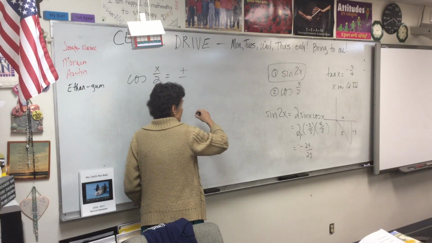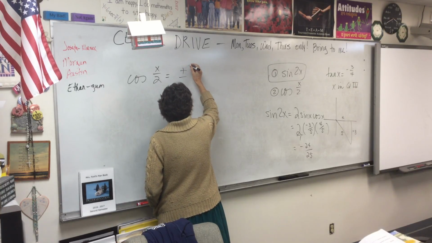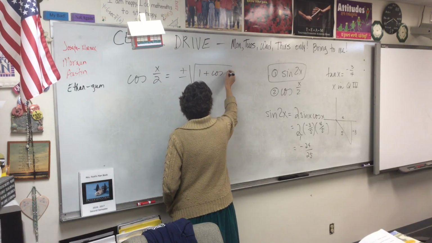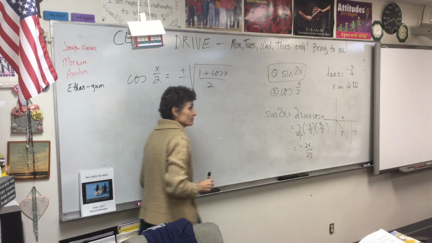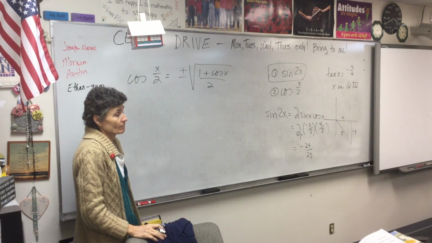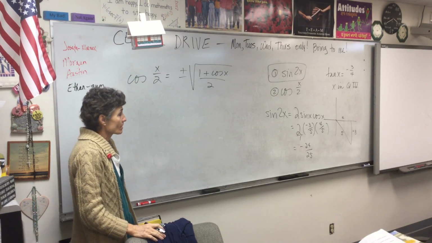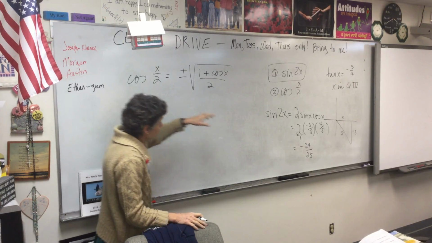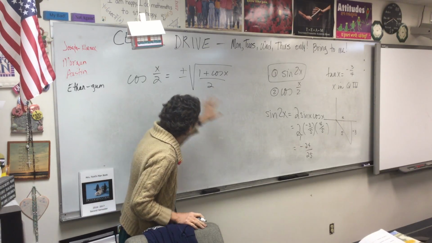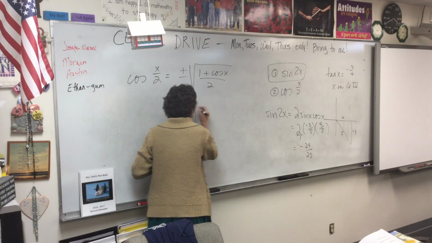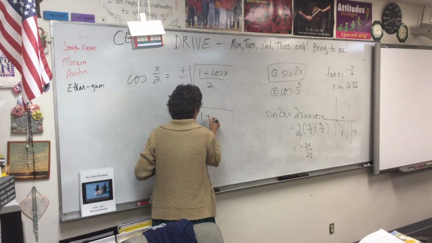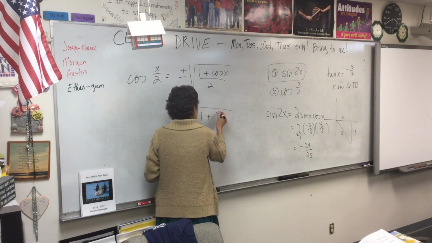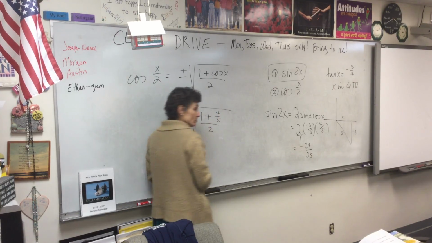Plus or minus the square root of 1 plus the cosine over 2. So here's the formula. There's my picture, so I'm just going to plug the numbers in. So what's that going to say? All I have to do is plug in cosine, so it's going to say 1 plus 4/5 over 2.